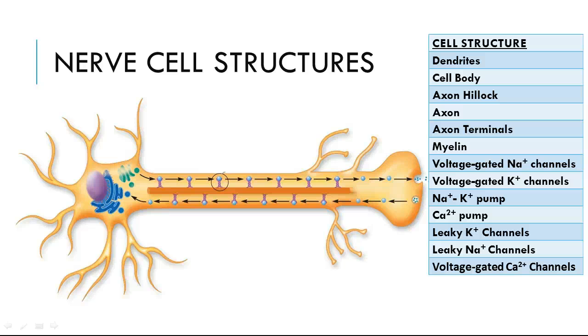Voltage-gated sodium channels, when opened, will let sodium flow which way? Into the cell. And if sodium flows into a cell, the cell would do what? Depolarize. Very good. So when a voltage-gated sodium channel opens, sodium flows in, causing depolarization.